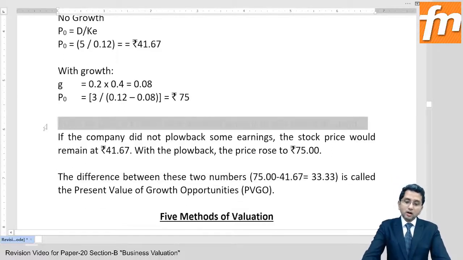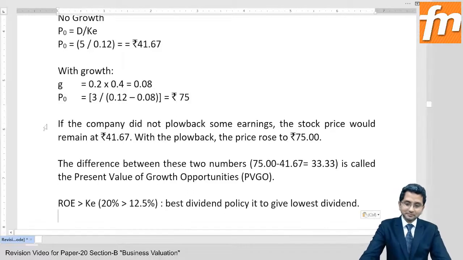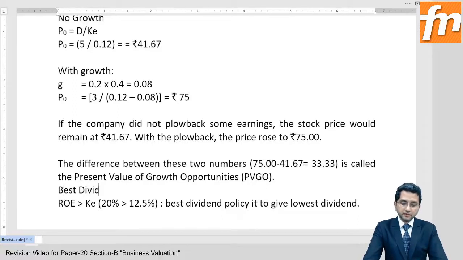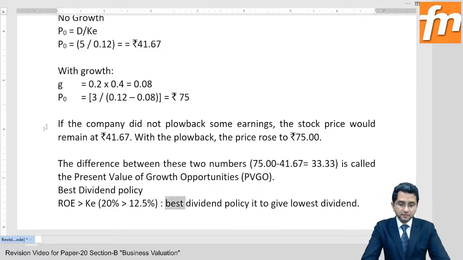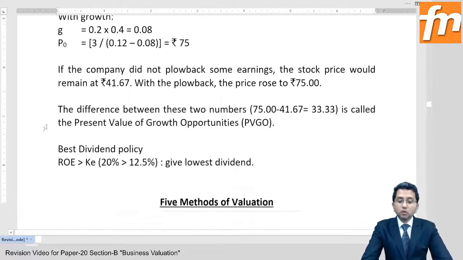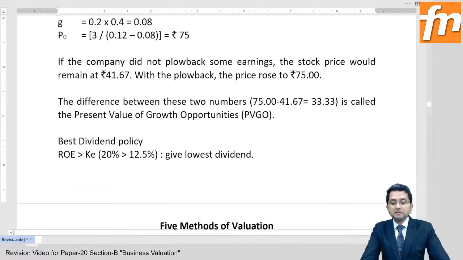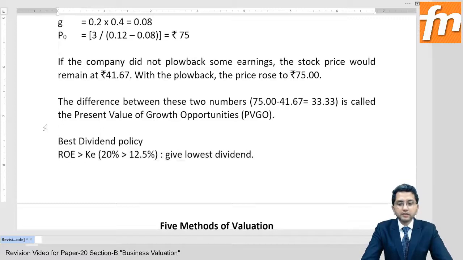But now, let's talk something very special, something new. Best dividend policy. If return on equity is more than cost of equity, believe me, the best dividend policy is to give lowest possible dividend. The lowest possible dividend can be zero, right? Look here.